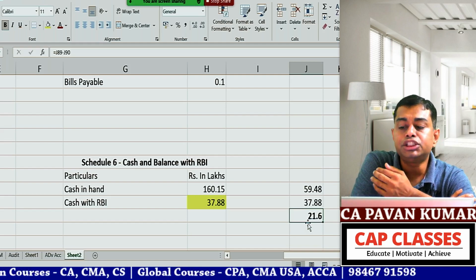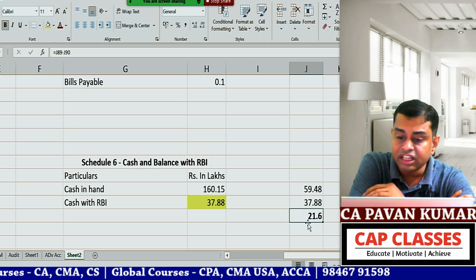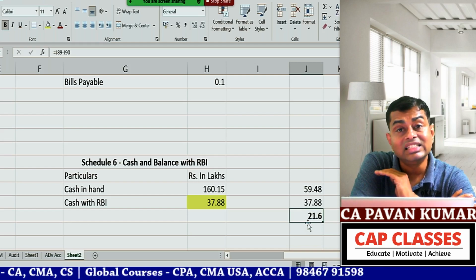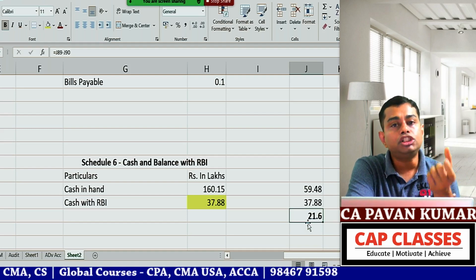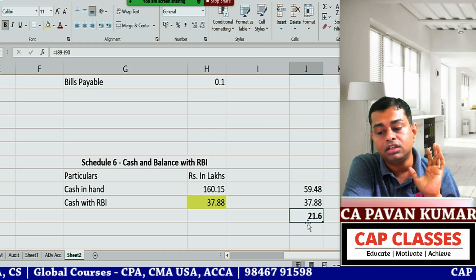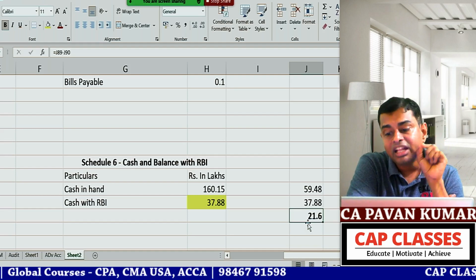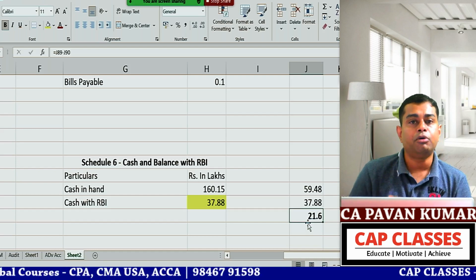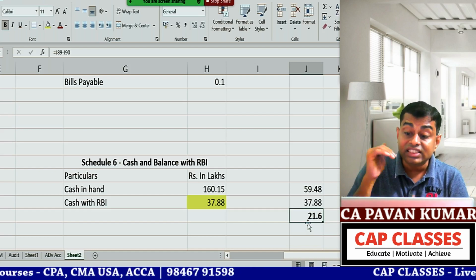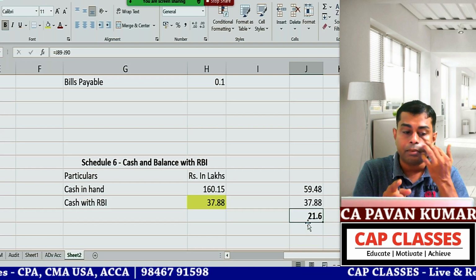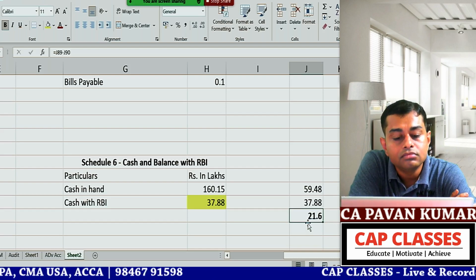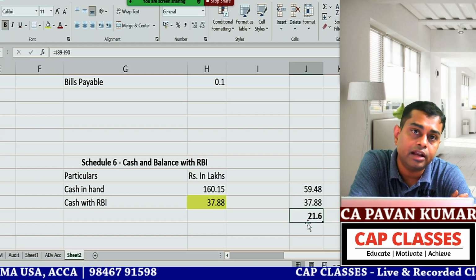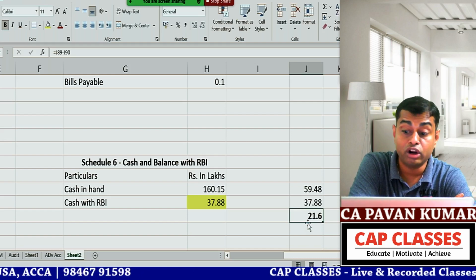If there is any short money, they will give it in the problem. When it is given in the problem, you need to calculate what should be the amount of cash with RBI, and then you see what is the actual amount. If it is more, leave it. If it is deficit, you have to transfer money from other banks to money with RBI. And here one more important thing is also there.